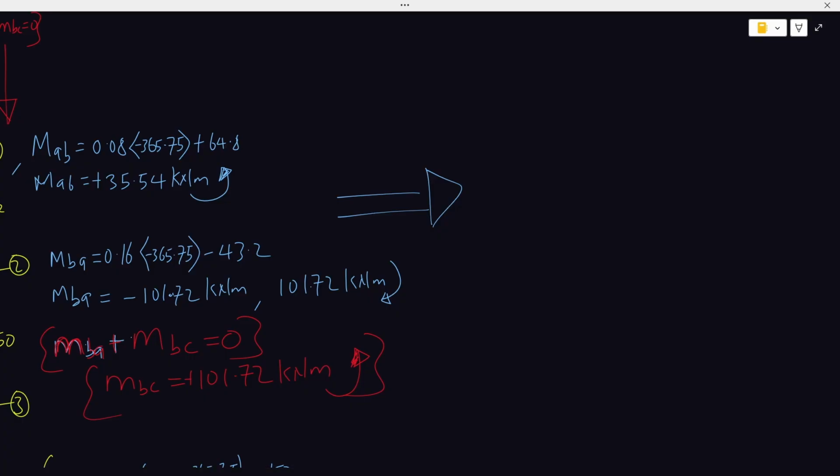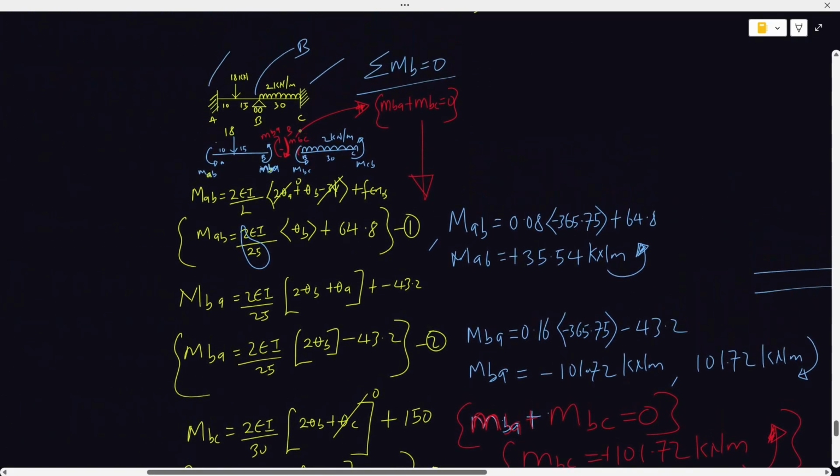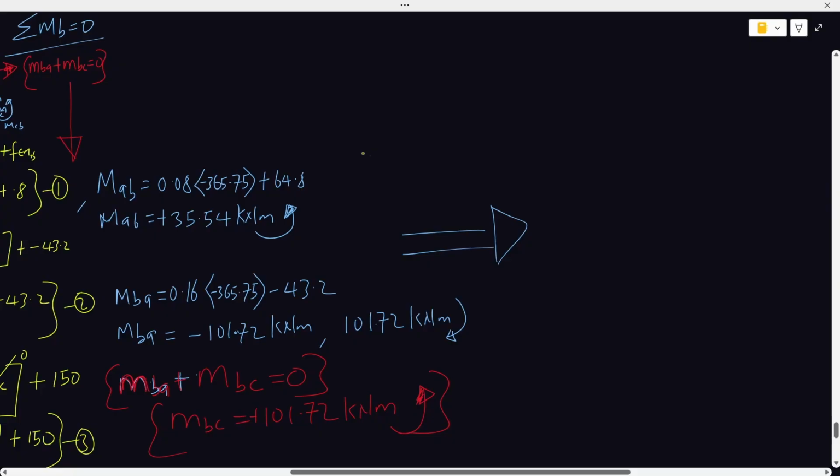So I have MAB, I have MBA, I have MBC. So rejoin my structure, my decomposed structure. Remember that this is my structure once again. Well, let me see if I can still paste it.